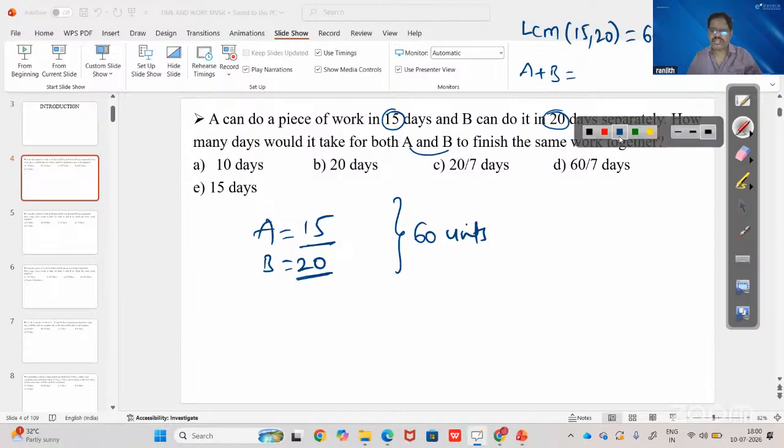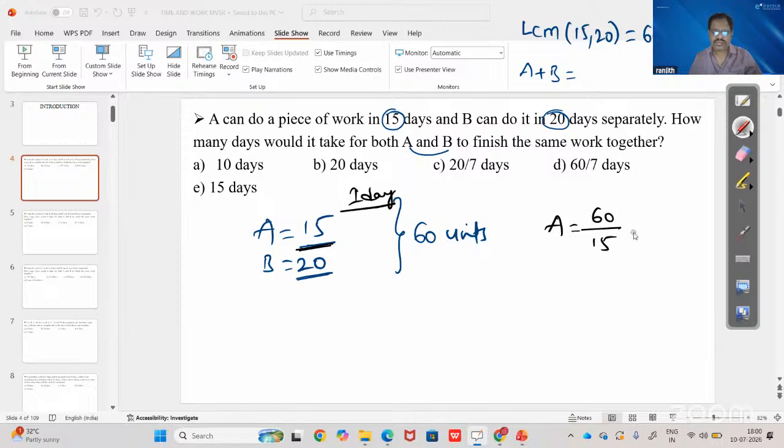A can complete 60 units of work in 15 days. What is the 1 day work of A, in the sense, that is the efficiency of A. How much work is A doing? It is nothing but total work by number of days. 60 by 15 equal to 4. And B equal to 60 by 20, which equal to 3.